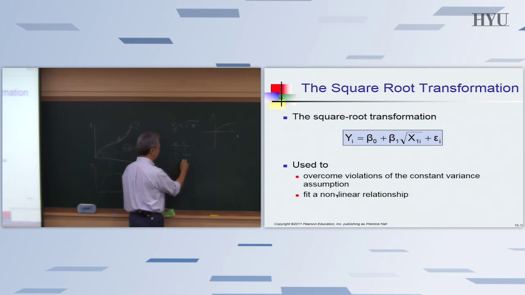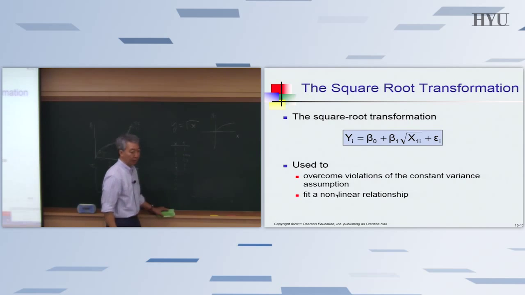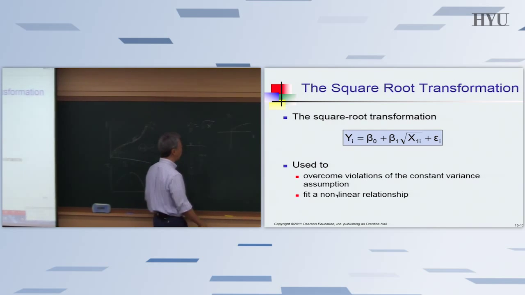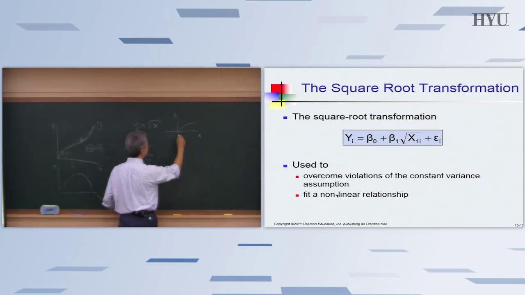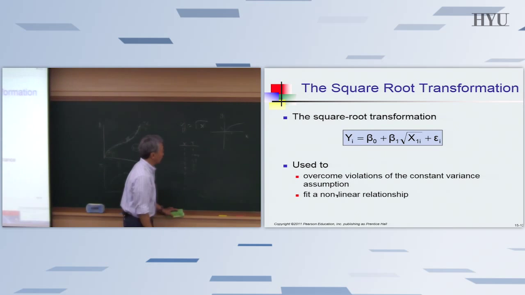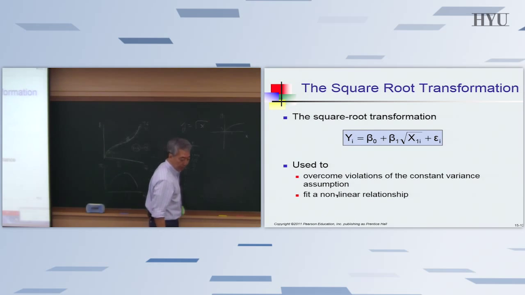I don't remember. 1.7 something, 2 point something, right? So you can easily create that. 1, 1; 2, 1.4; 3, 1.7, right? Something like that.